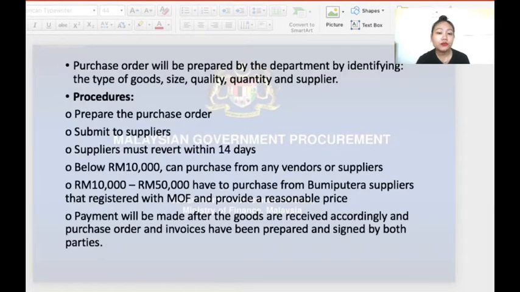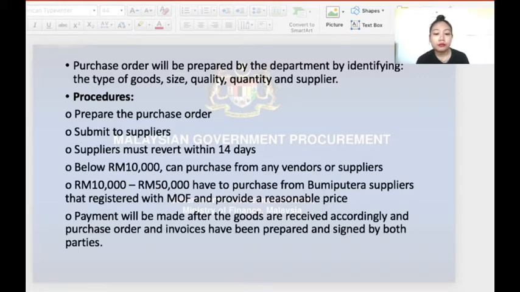Okay, continue. The purchase order will be prepared by the department by identifying the type of goods, size, quality, quantity, and also supplier. So the procedures: the first one, prepare the purchase order. Secondly, submit to suppliers. Thirdly, suppliers must revert within 14 days, 2 weeks, yeah?